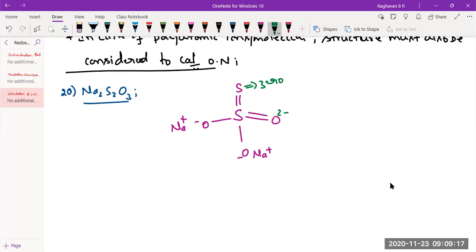This oxygen which has 1 single bond will have minus 1 charge, because of which sulfur will have to balance that minus 1 charge with plus 1 charge. So you have to count singly bonded oxygen as minus 1, doubly bonded oxygen as minus 2. Is that okay? Sir, is it 4 minus? It's a 4 plus, sorry. Exactly.